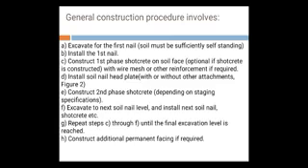Now how should soil nailing be constructed? First of all, we have to excavate for the first nail. The soil must be sufficient to be self standing. The next step is to install the first nail. Then construct the first phase of shotcrete on the soil face.